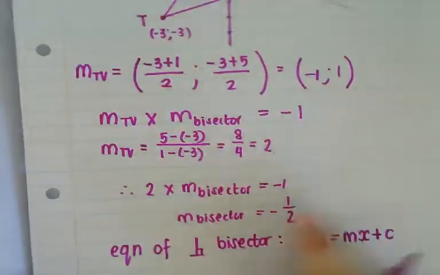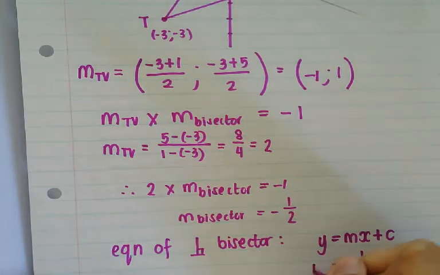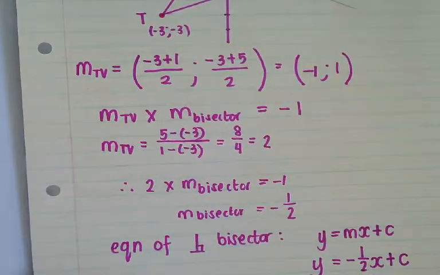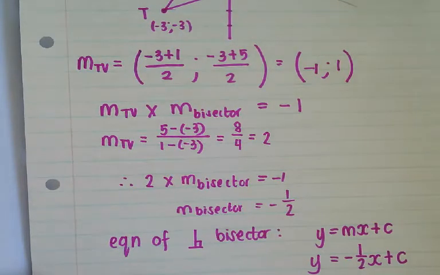Yes, I just calculated it. What do I still need in order to find that C value? I need a coordinate. Do I not have a coordinate? Where it went through my midpoint.